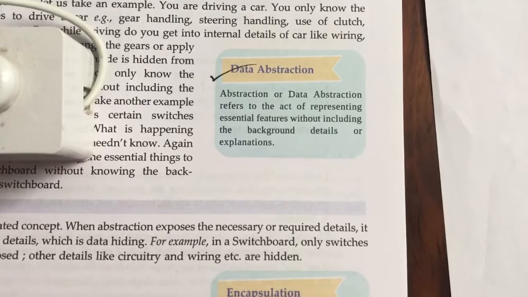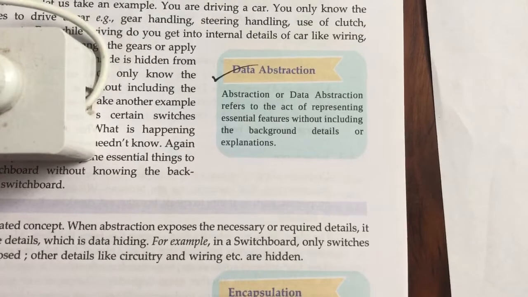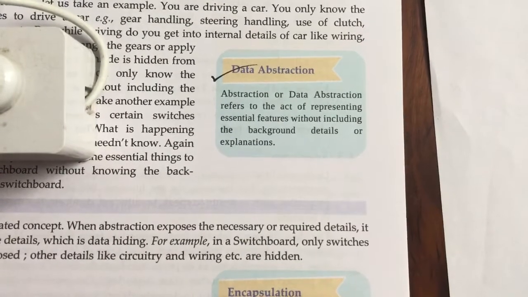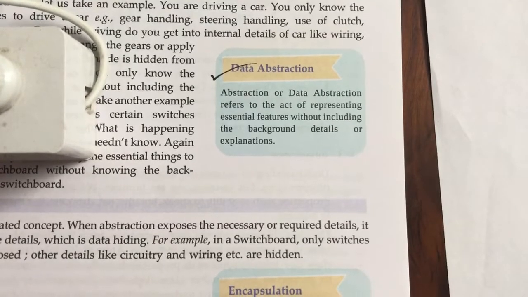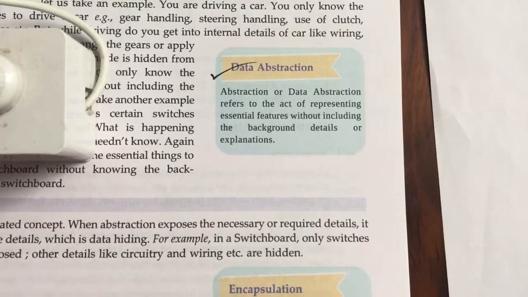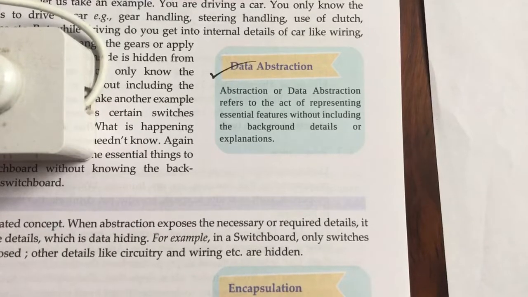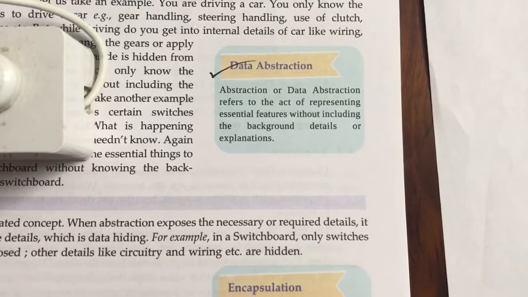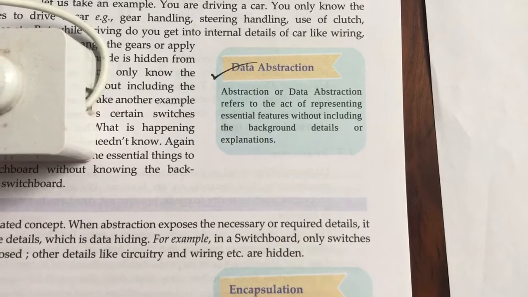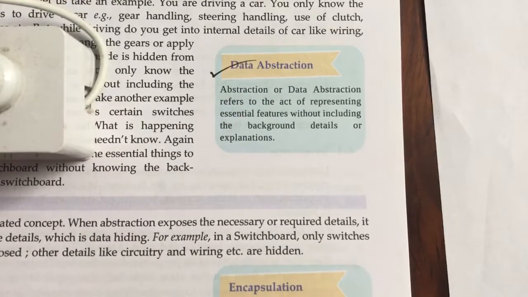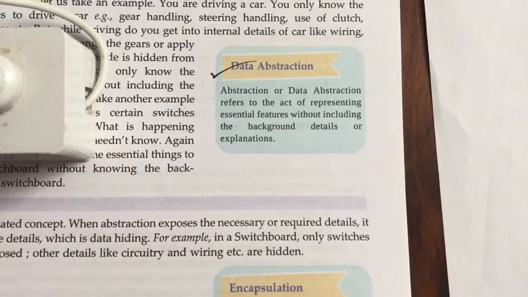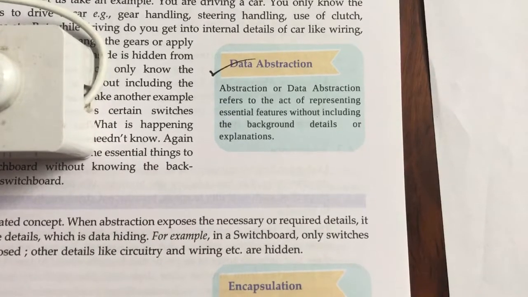In the same way, if I want to speed up my car, I just have to press on the accelerator and it speeds up. Now, how is this happening inside? I don't bother. Let's take another example of a stereo. I just have to press the play button to get the music. But what is that play doing inside the system? I don't know. So this is abstraction.